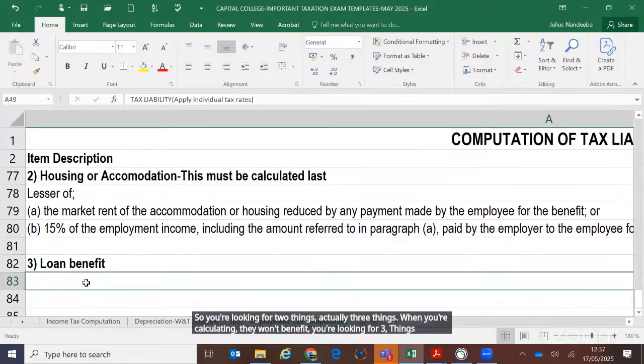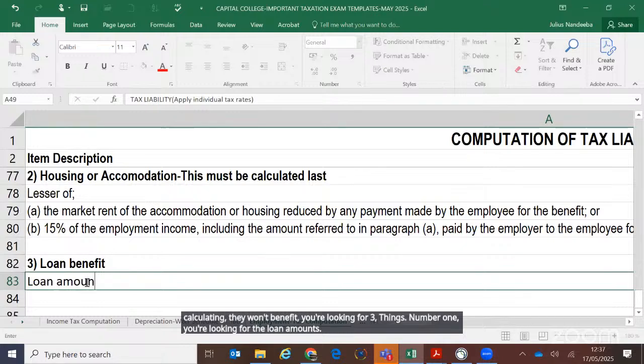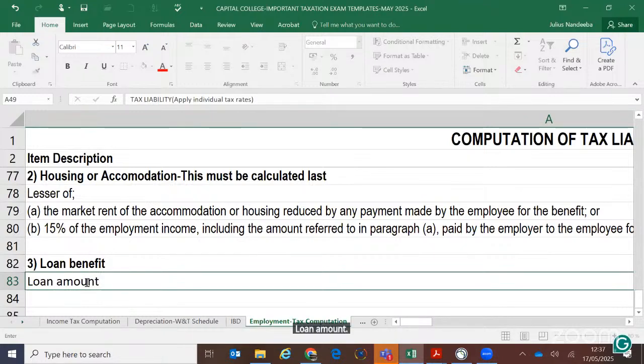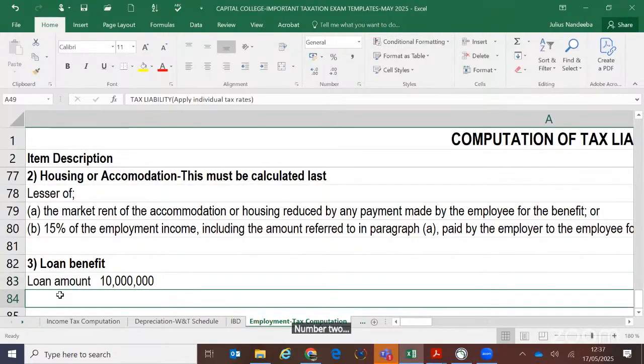Number 1, the loan amount. Assume the loan amount is 10 million. Number 2, you're looking for the statutory interest rate.